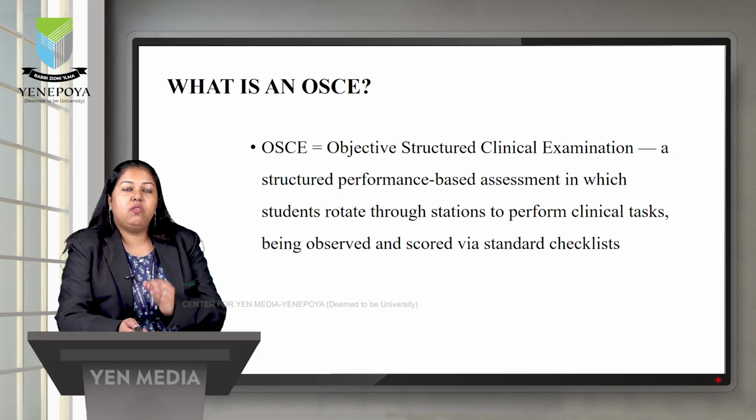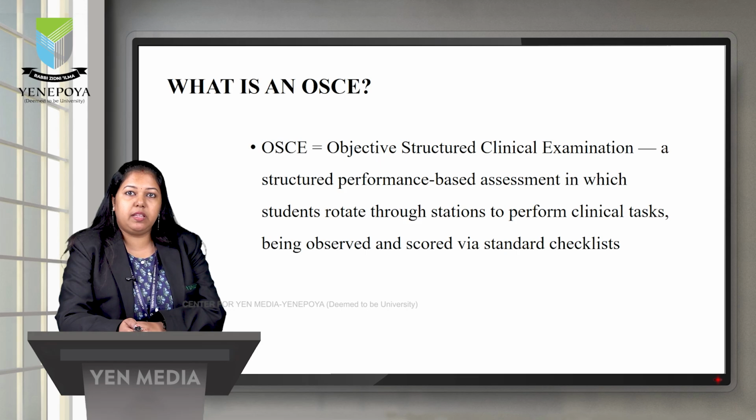Whenever an OSCE is done, there will be an observer and an assessor. The observer's duty is the time-bounding of the OSCE and the rotations, whether they are happening on time; everything is coordinated by the observer, while the assessor focuses on the standard checklist. So how is it marked? According to the clinical skill performance of the students, the markings are done in the standard checklist.